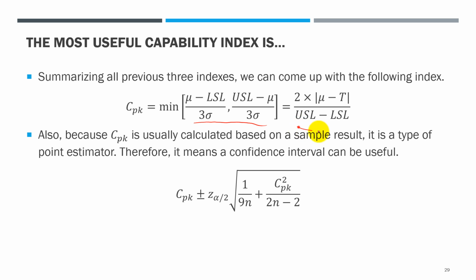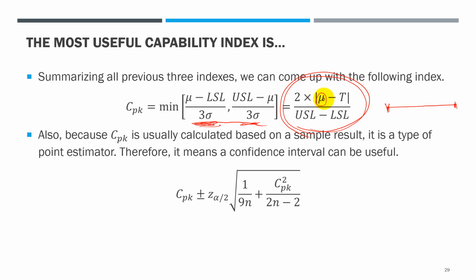And there is a different way of calculating this capability index, in addition to calculating 2 items and picking the minimum. If you look at this formula closely, this is measuring the relative location of your process average.